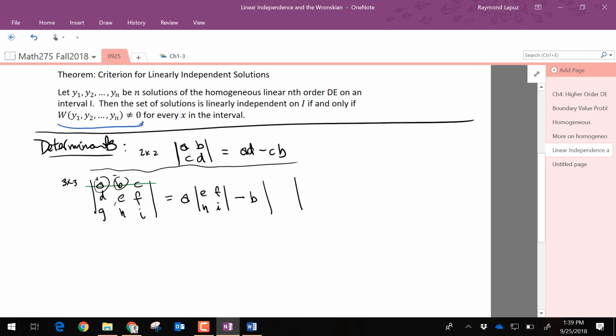Now cross out the row and column that contains B, and what are you going to have left? You have D, F, and G, I. If you cross out the row and the column that contains B, that's what you have left.